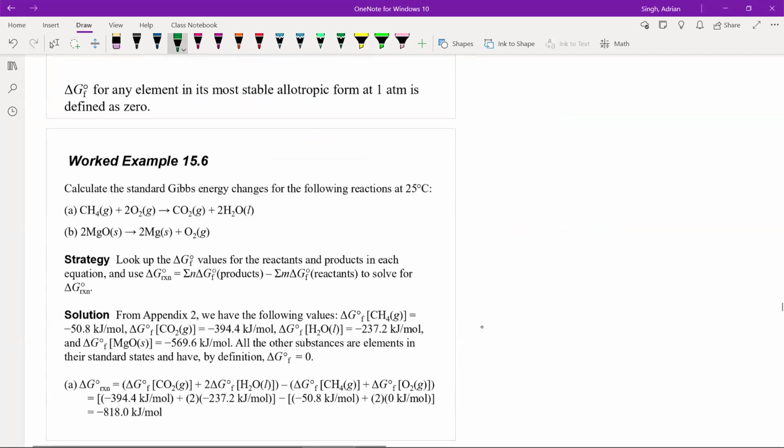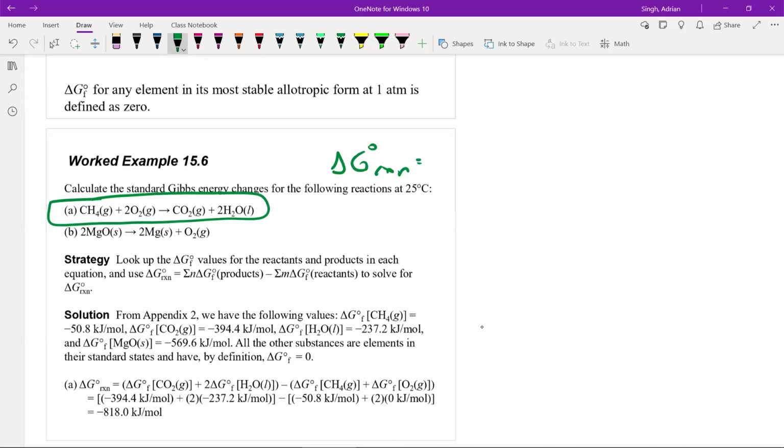So let's take a look at an example. We have to calculate the standard Gibbs free energy changes for the following reactions at 25 degrees. So we have the combustion of methane and oxygen to produce CO2 and H2O. So the delta G for this reaction would be the sum of the delta G of the products.